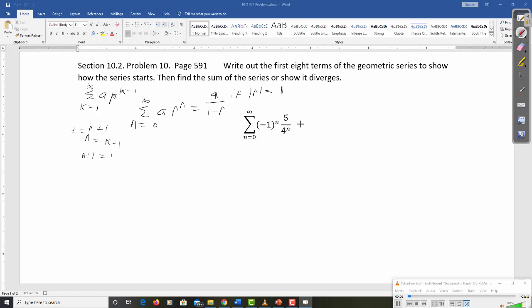So let's see here. I think we can put it in that form. Note, I do need everything that has the exponent together, because that's the ratio. So I'm going to pull out that 5, put the negative 1 up there. So negative 1 to the n over 4 to the n times 5. So that's 5 times negative 1 over 4 to the n.